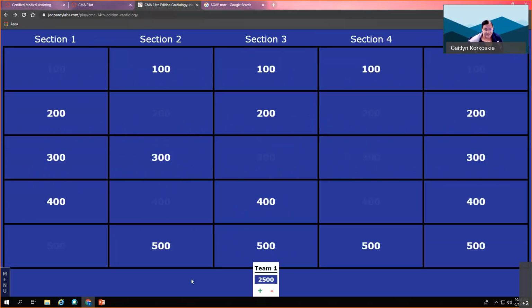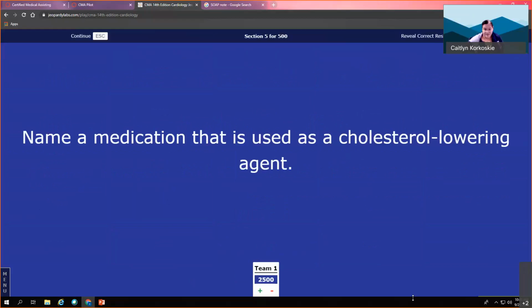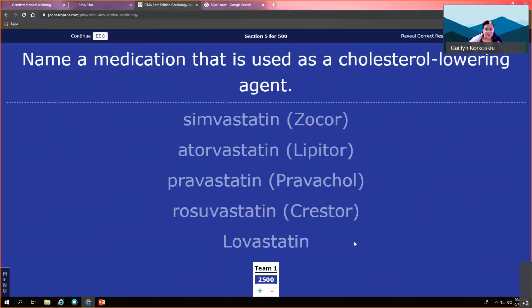Good job. Section 5 for 500. This one I kind of briefly went over. I know you said any medicine that ended with something that started with an S. Statin. Yeah. I didn't really go into the in-depth detail about the different types, but the most common ones.